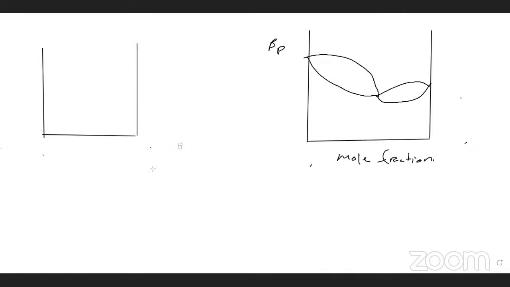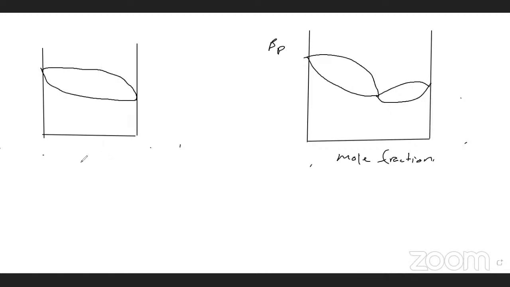Quickly, what is this graph showing? Or what type of mixture is this? Azeotropic, right. How do you know it's azeotropic? Because of the overlap. This is what you should normally see.